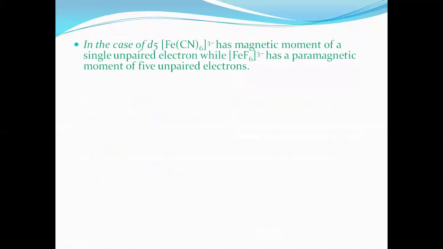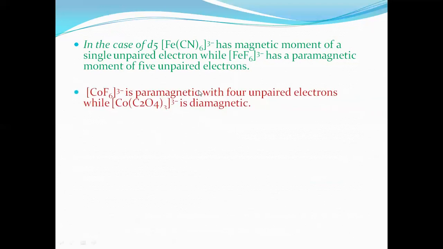Similarly, we can explain complexes with the d5 configuration, d6 configuration, etc. Example, hexacyanoferrate: since cyanide has the capacity to pair up, the last two electrons from d5 get paired and only one remains unpaired, therefore paramagnetic with respect to one unpaired electron. Whereas here, since fluoride has no capacity, all five remain unpaired, therefore paramagnetic with respect to five unpaired electrons.